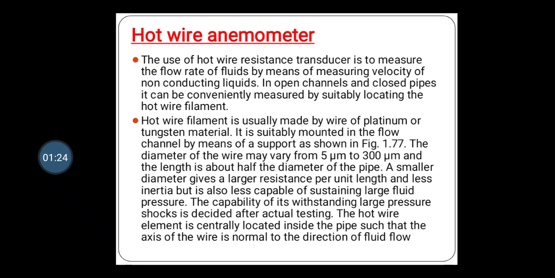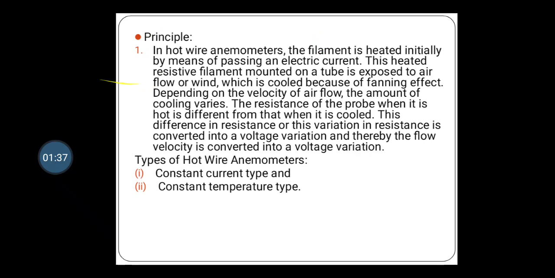Hot wire anemometer. A hot wire resistance transducer is used to measure the flow rate of the fluid by measuring the velocity of a non-conductive liquid.